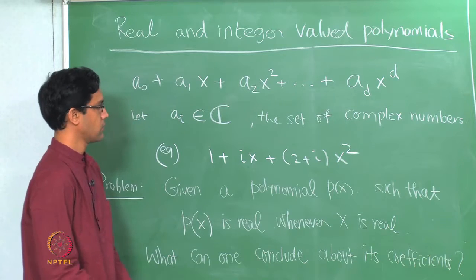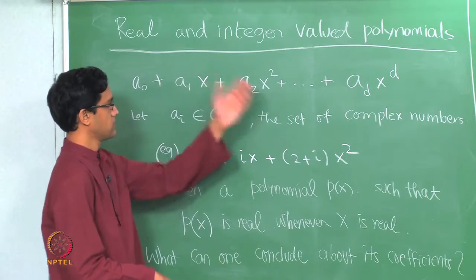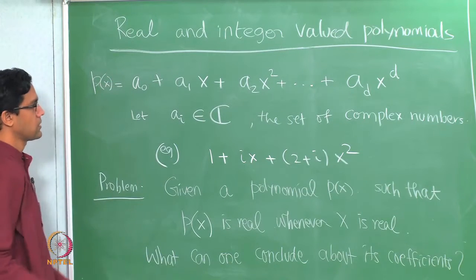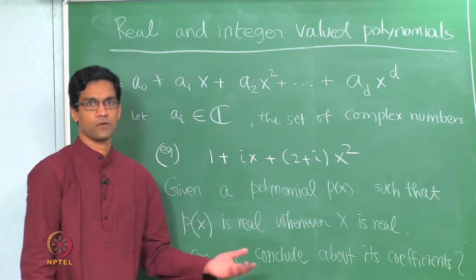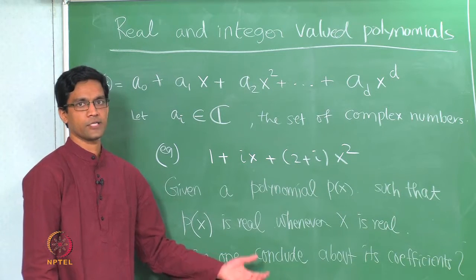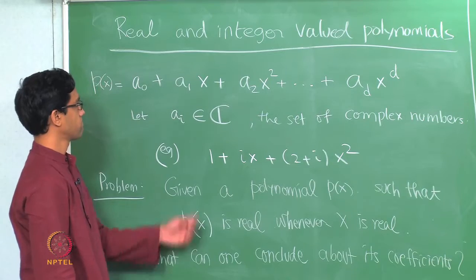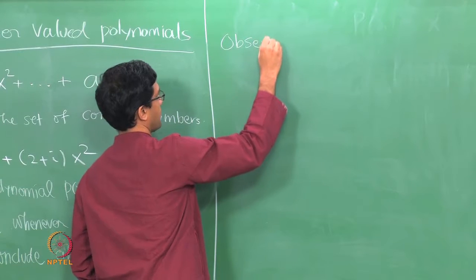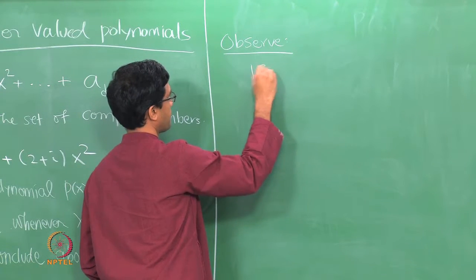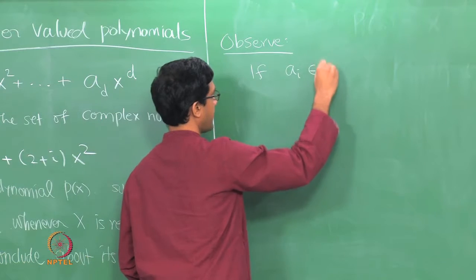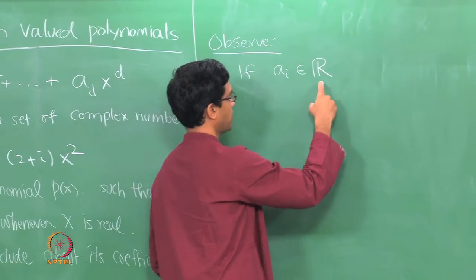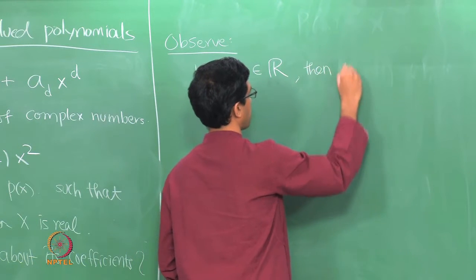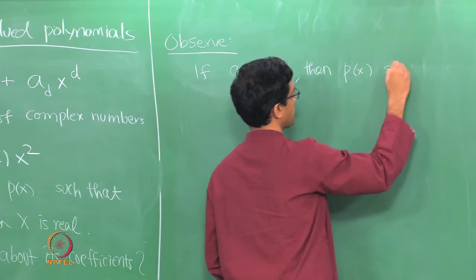Let us look at the expression here. P of x looks like this. Now one of the most obvious ways of constructing such a polynomial, how would we get an example? Observe, if all ai's are real numbers, where R is the set of real numbers, if all the coefficients are already real numbers, then p of x certainly satisfies this property.